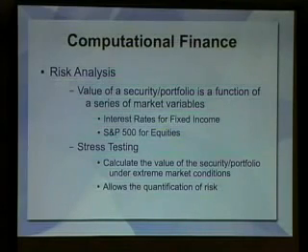Different securities have different numbers that are very important. In the stock market world, obviously the S&P 500 is important. For fixed income like bonds and corporate bonds and other securities like that, interest rates are very important. So you're looking at different things in different places, but the general idea is the same.